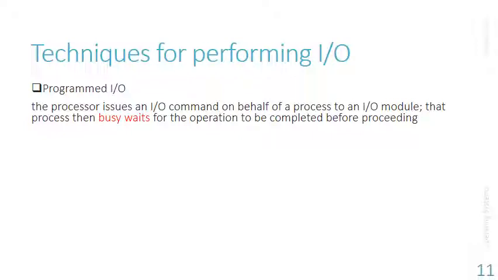Maybe there's another way: whenever the information is ready, call me and let me know it's there, so I can get it and continue my execution instead of wasting CPU time just checking. And this is what we covered earlier in the first lectures of this course: interrupt driven.